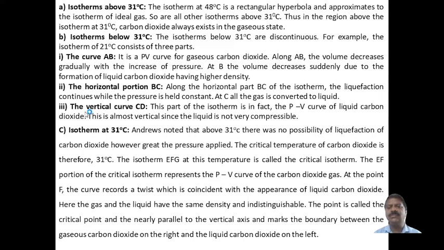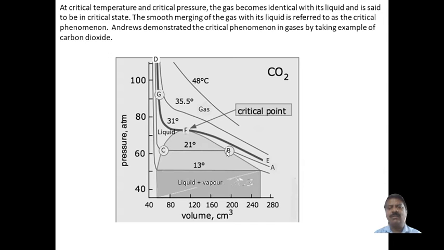Then the vertical part CD. This part of the isotherm on the PV curve is for liquid carbon dioxide. It is almost vertical, since the liquid is not very compressible. Molecules come closer and it becomes a liquid state.